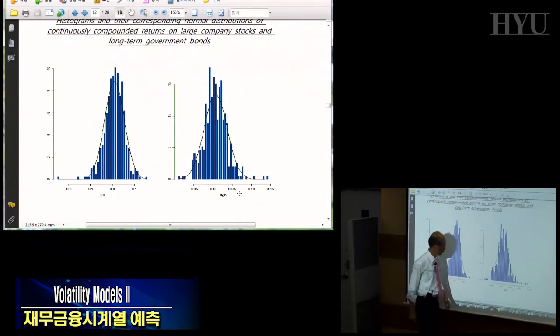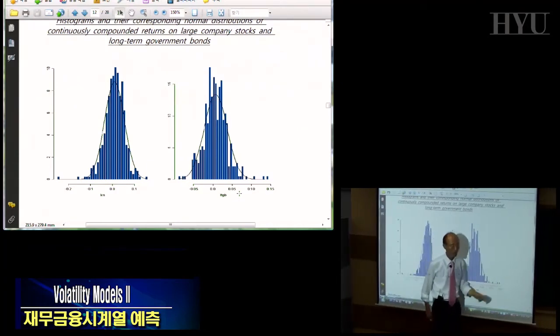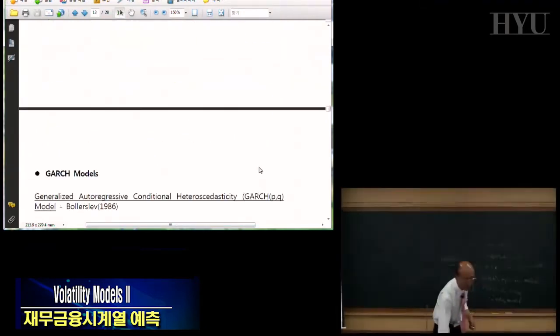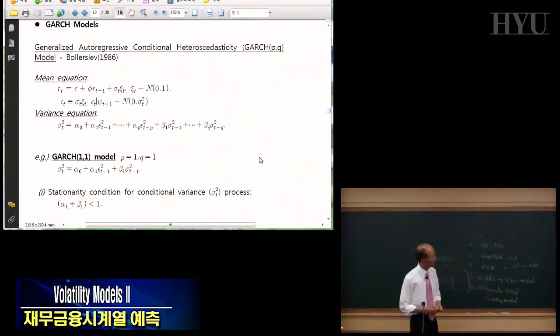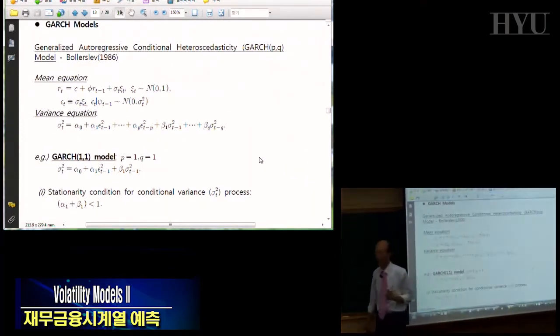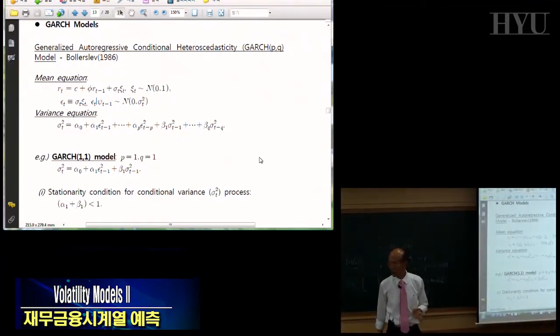So to explain not only this leptokurtic feature, but also this fat tail, you need to make some adjustment here from, let's say, normal distribution to t distribution, student t distribution.